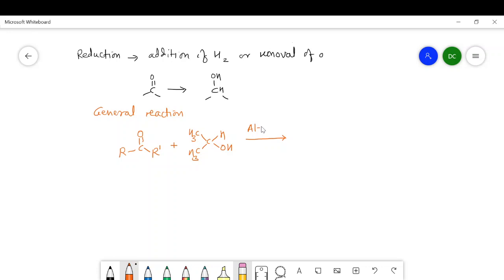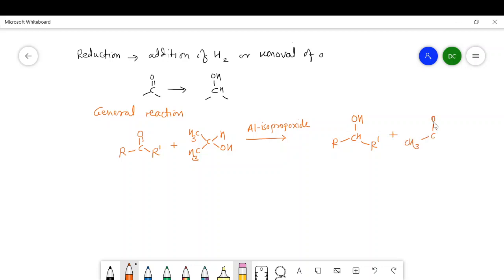It gives the corresponding alcohols. It may be primary or secondary, with the side product, that is acetone.